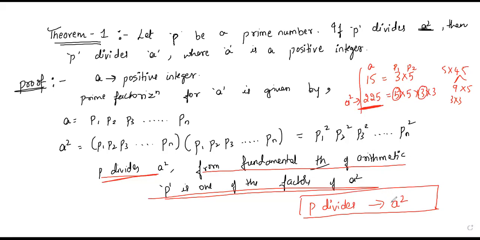Okay. If P divides A square, then obviously in turn P divides A as well. Clear? Do you want me to repeat again?